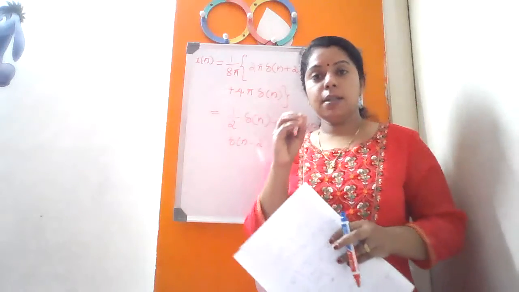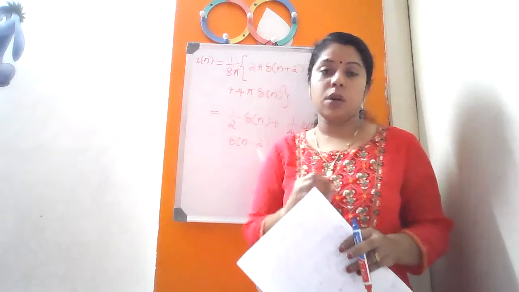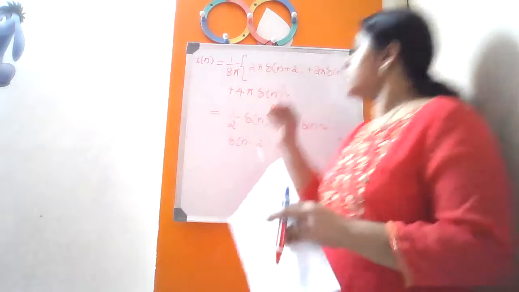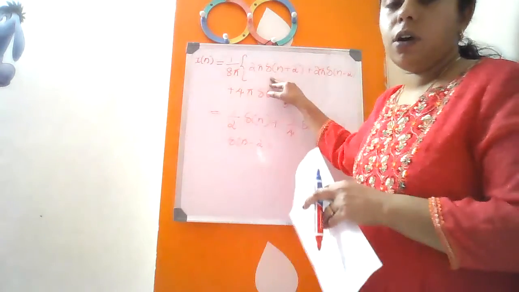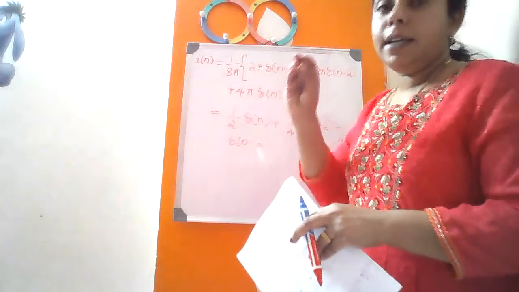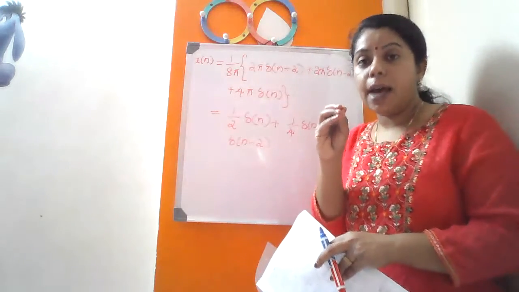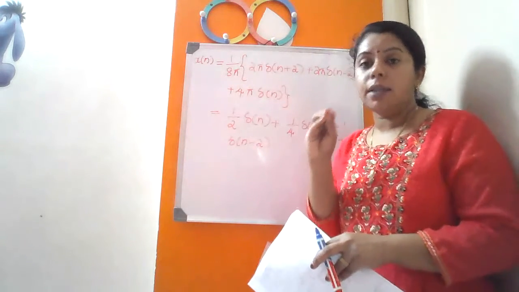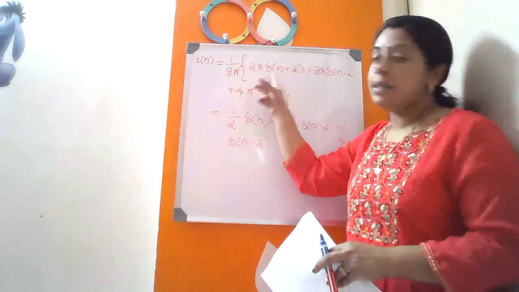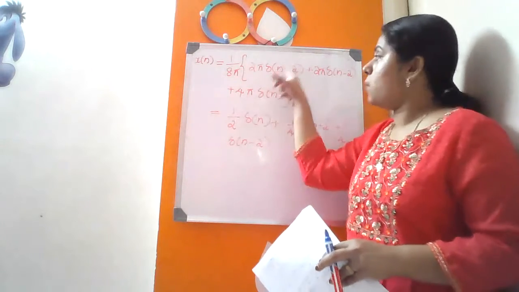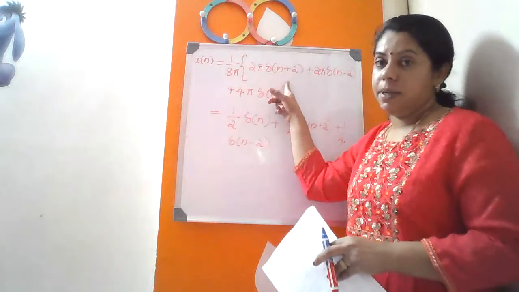So from that L'Hospital's rule concept, I can tell that the first term of the previous answer has an amplitude only at n equal to minus 2. That is, I can write n equal to minus 2 as del of n plus 2.